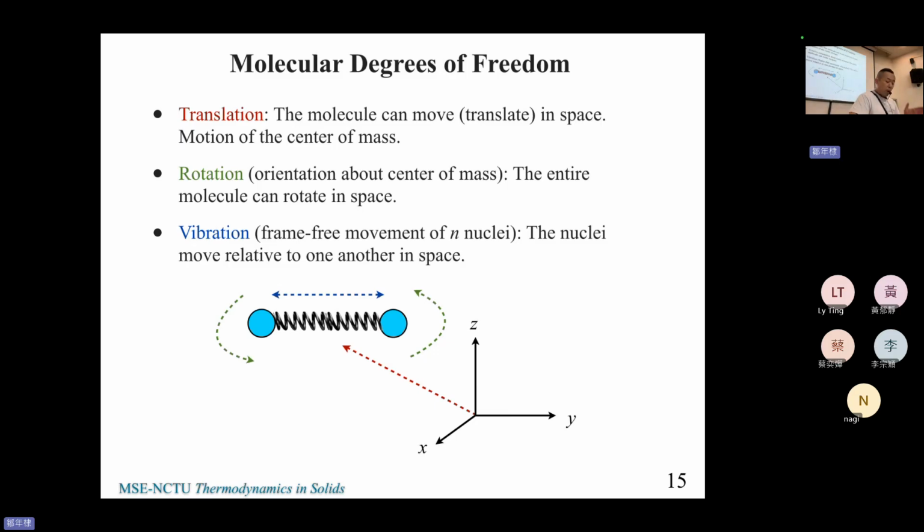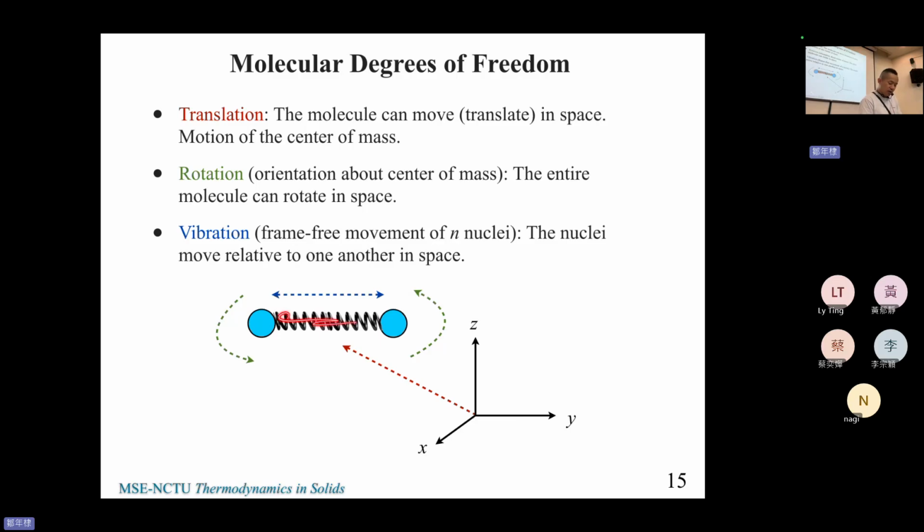Next, we are going to talk about molecular degrees of freedom. Degree of freedom means how a molecule can move, or change its shape or its position. Of course, it is related to energy. So there are 3 types of motion of a molecule. We can imagine that the molecule can be simplified as a bead-spring model, balls and springs, because the atoms are connected to each other.